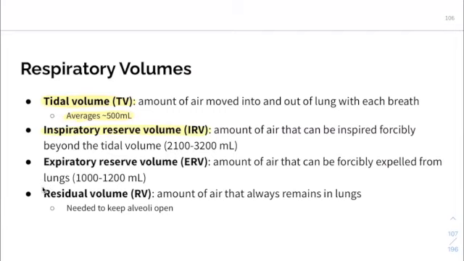It's about 3,100 to 3,200 milliliters in the average adult male. And it's about, this says about 2,100, I'd see a little bit less, sometimes 1,900 to about 2,100 in the adult female.